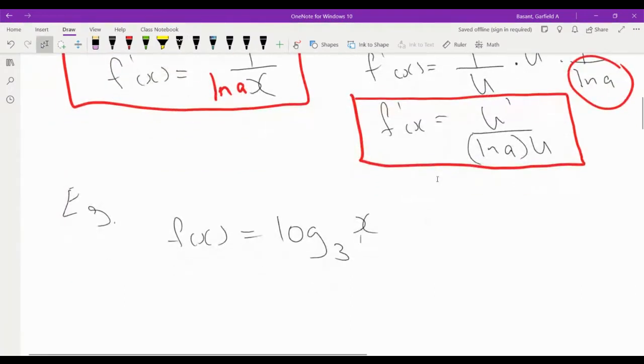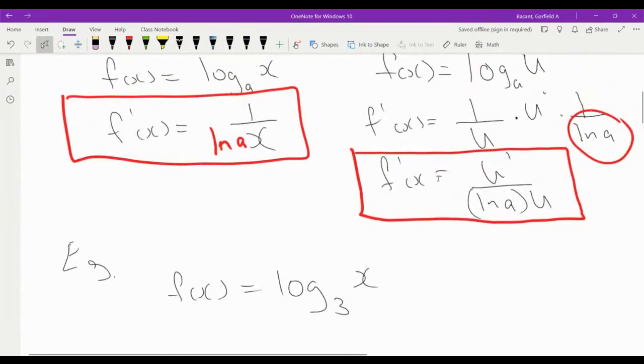What is the derivative of that? Anyone? Is it 1 over ln 3x?